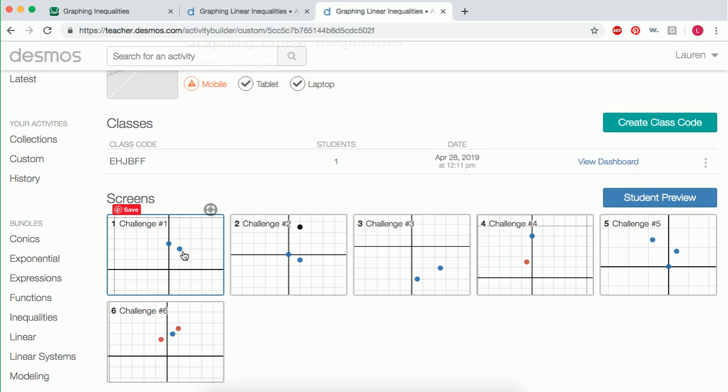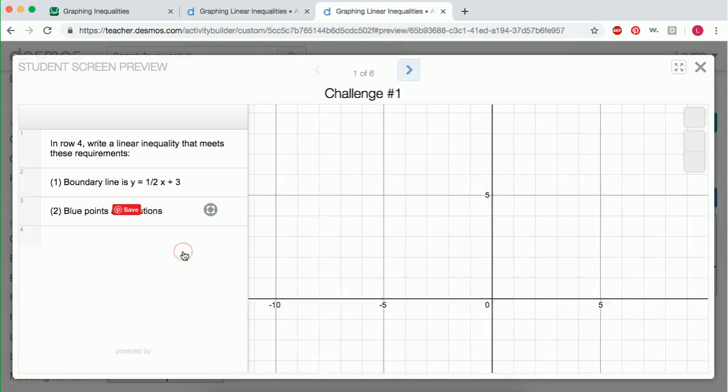So let's do challenge number 1 together. In row 4, we want to write a linear inequality that meets these 2 requirements. The boundary line has to be y equals 1/2 x plus 3, and the blue points must be solutions.